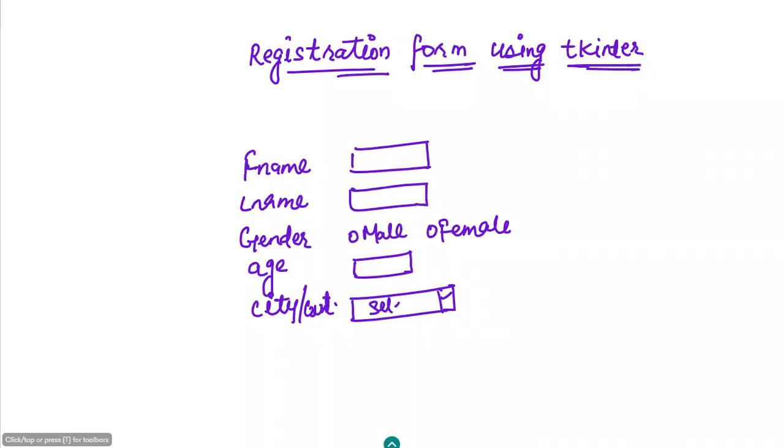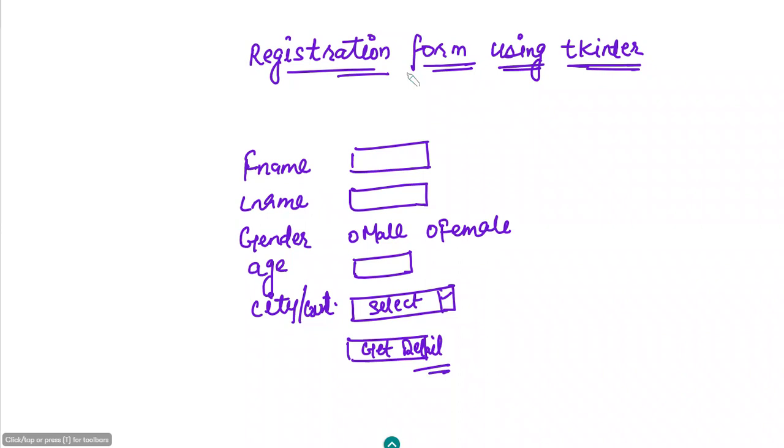Select country, right? And after filling all the entries, there is a button on which you will click, and you will get all the details filled in these fields, right? The button name is Get Detail, right?